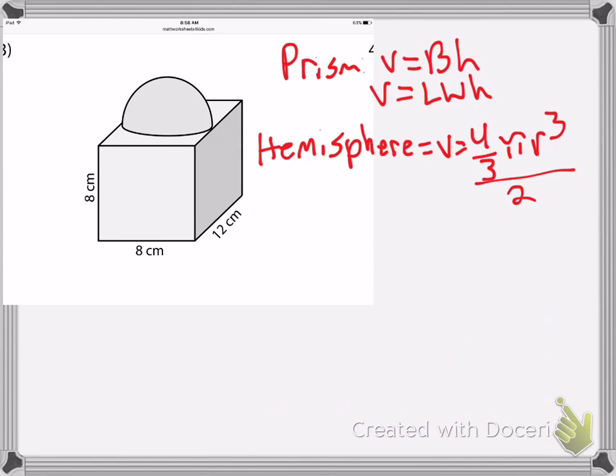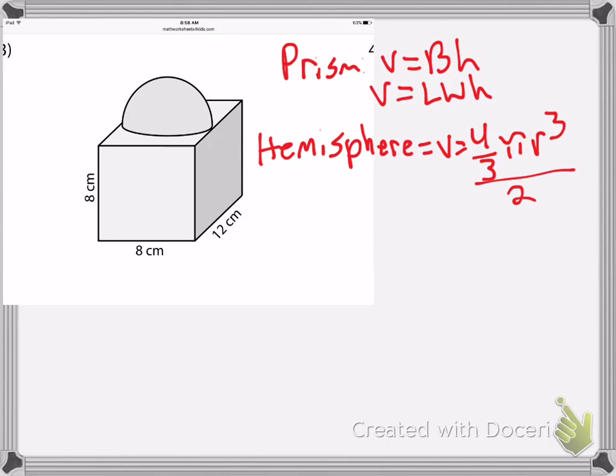Alright, our next figure has a rectangular prism and a hemisphere, which is half of a sphere. So you need to find the volume of the composite figure.